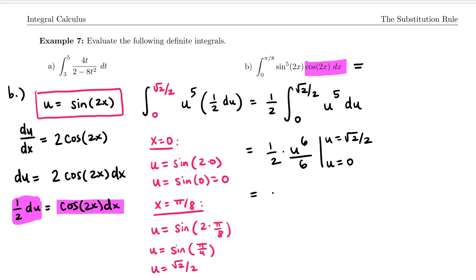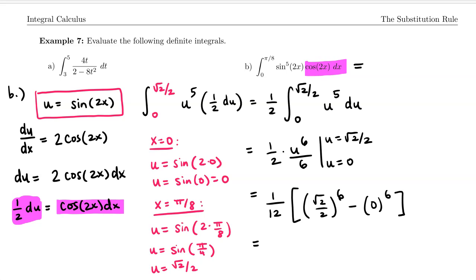So I'm going to factor out 1/2 times 1/6 is 1/12. And then I am now evaluating u to the 6th power with our limits of integration. So I would have the square root of 2 over 2 to the 6th power minus zero to the 6th power.